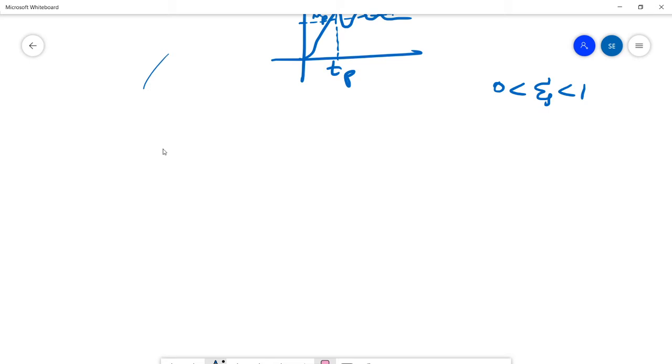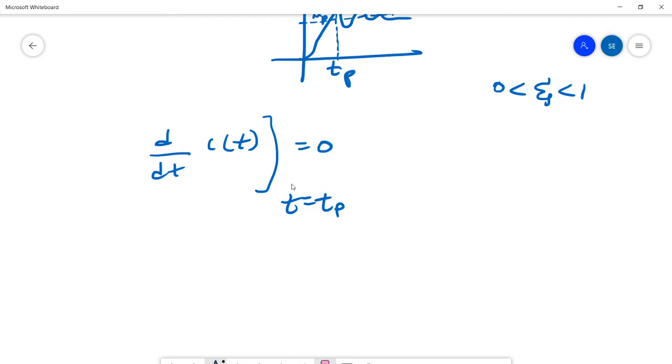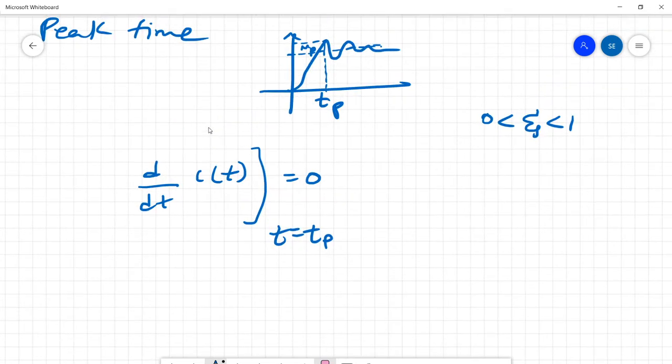Now, how do we get this Tp? The peak value can be calculated by differentiating C of t with respect to t, that is d by dt of C of t at t equal to Tp, equated to 0. C of t is nothing but this response.